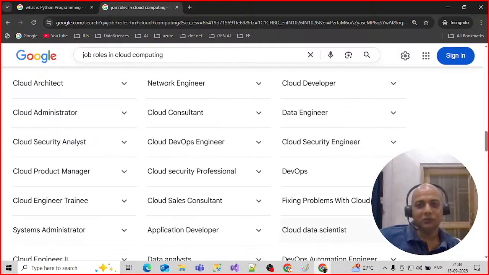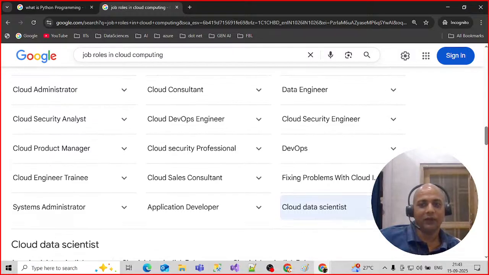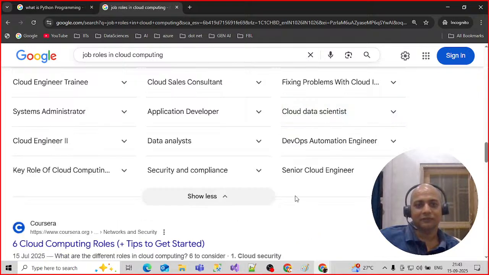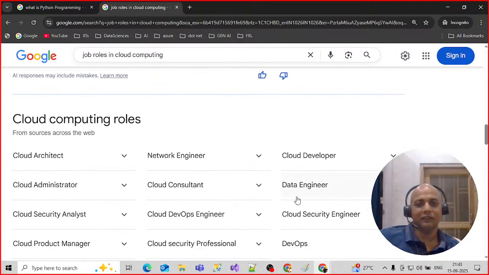You are studying the data science part, but when you combine your data science skills with the cloud and want to manage and handle these things, then there is another option, cloud data scientist, correct? So things begin very small, but they take a giant form.